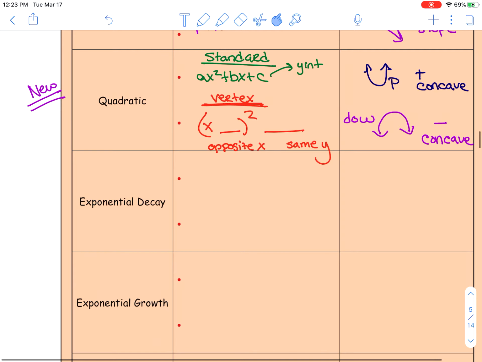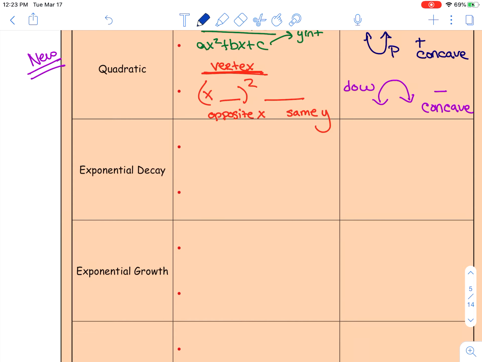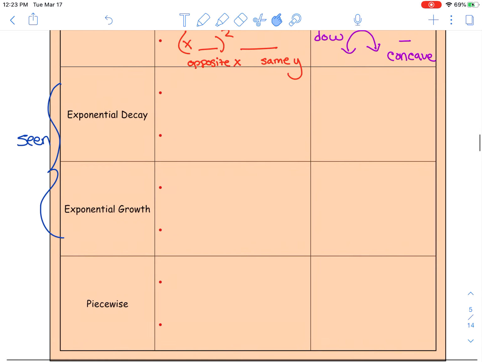Then this is information that you've seen before. You've seen it, but you probably don't remember it. Okay, you've used it a lot in your science classes, and you've seen it before in your math classes. So an exponential decay is something that curves downwards, and an exponential growth is something that curves upwards.